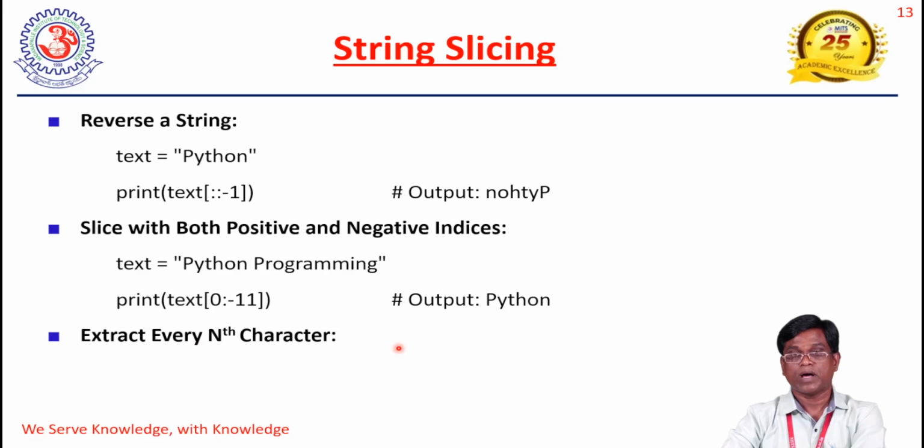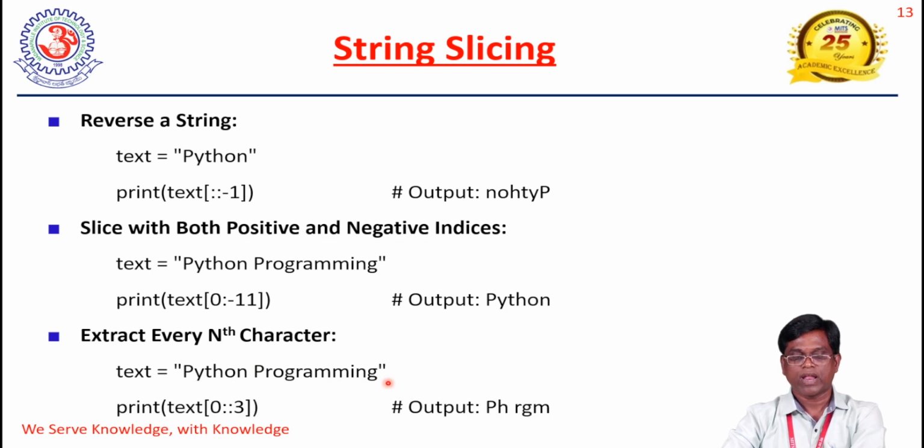Another feature that we can consider is that I can extract every nth character from the given string. Through the step count property, we can do that. Let us consider this example. Text is equal to Python programming here. Now I am giving text of 0 colon colon 3.